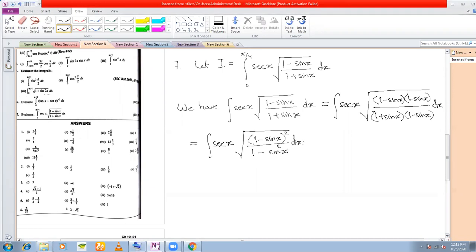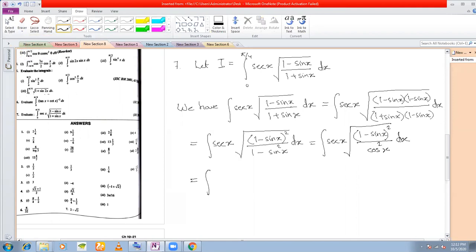dx. Okay, you get integration of sec x into 1 minus sine x, the radical is there, so we'll write the radical, 1 minus sin x whole square divided by cos square x. 1 minus sin square is cos square.